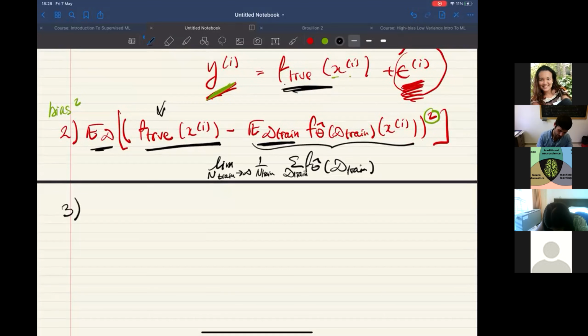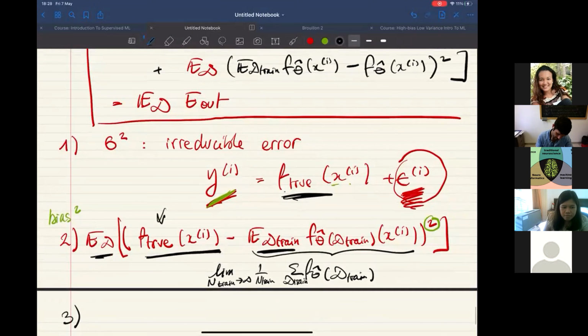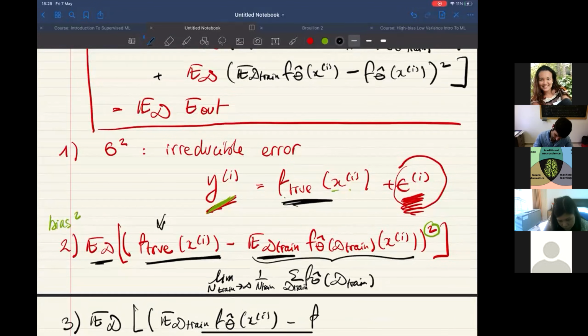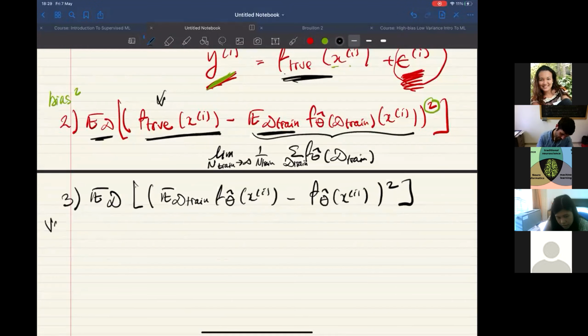And the third term, which is therefore the variance, I rewrite it. This is the variance.